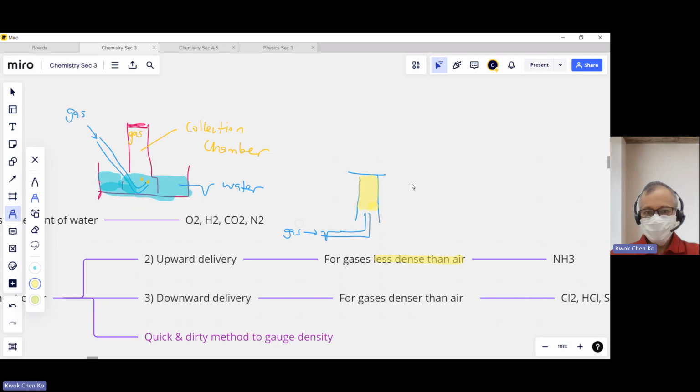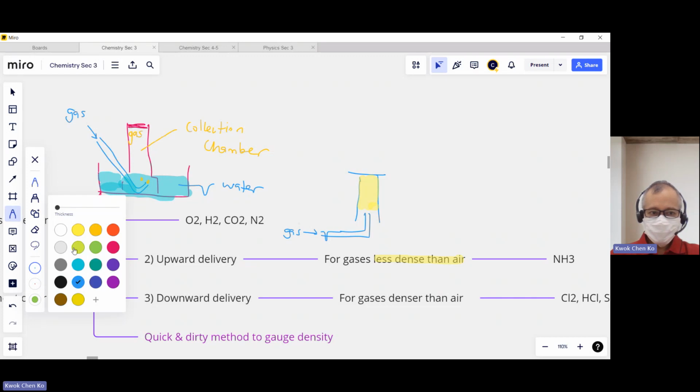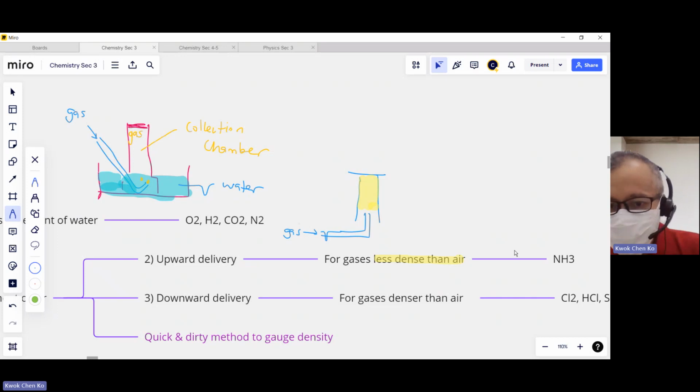But how do you know whether a gas is less dense than air or not? Now, there's a simple way, which I'm just telling you right now, even though this topic will be covered later on. Now, one example of a gas less dense than air is ammonia.